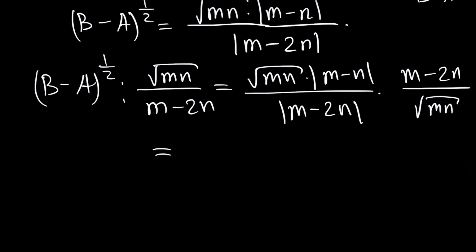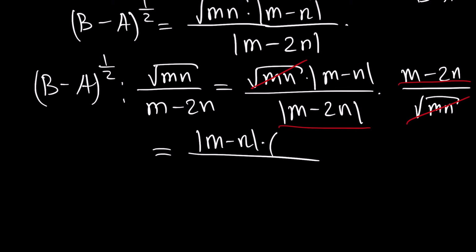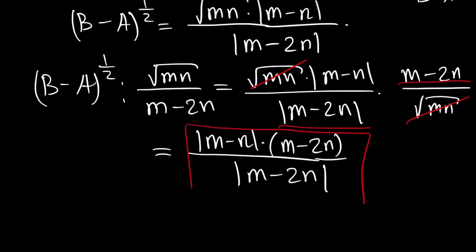We have a cancellation, but here, these two parts of our problem, we do not have a cancellation because the sign of this expression is also important. That's why we write it as the absolute value of m minus n times (m minus 2n) divided by the absolute value of m minus 2n. This is the final answer for our problem.